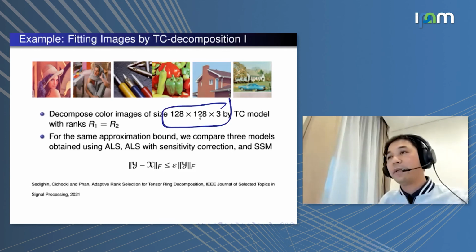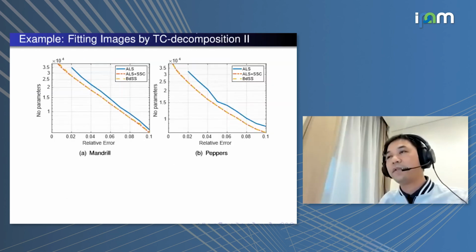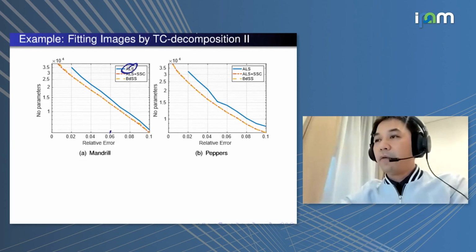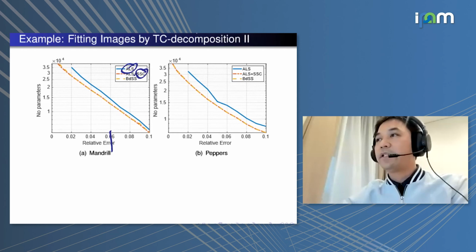128 by 3. We decompose with the tensor chain model, and we want to show that with sensitivity correction, we have lower approximation error. We compare here the relative approximation error between the ALS and the ALS plus sensitivity correction.